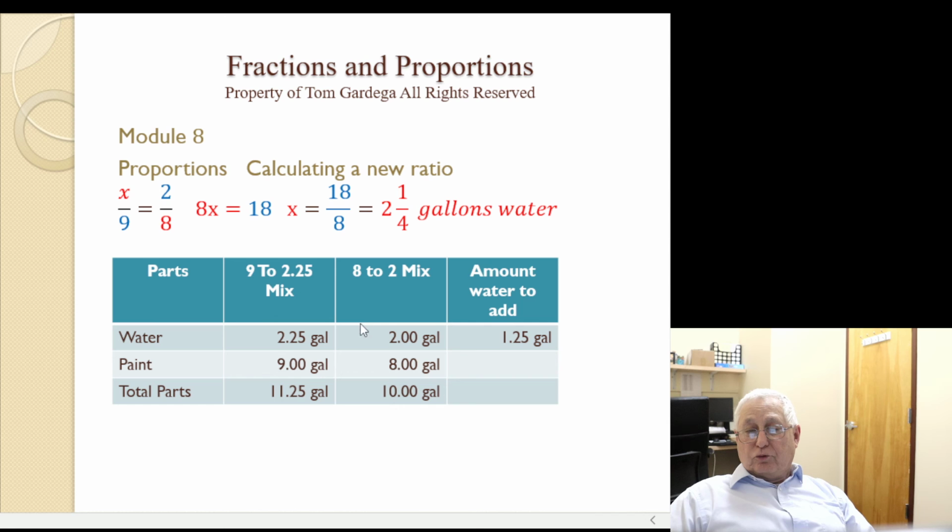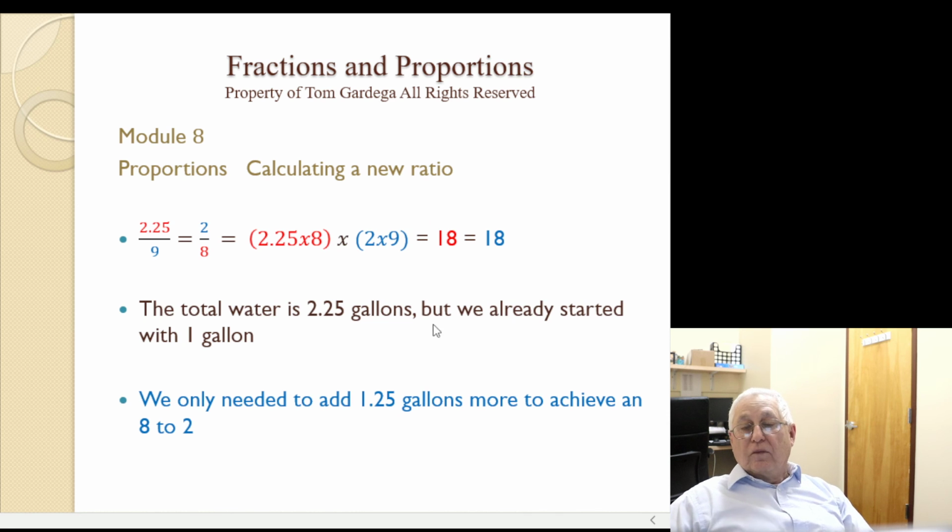So we're going to subtract 1 gallon from 2.25, we get 1.25. I'm sorry, not there. We have the 10 gallons, we subtract from the 11.25, we'll also get 1.25 gallons.